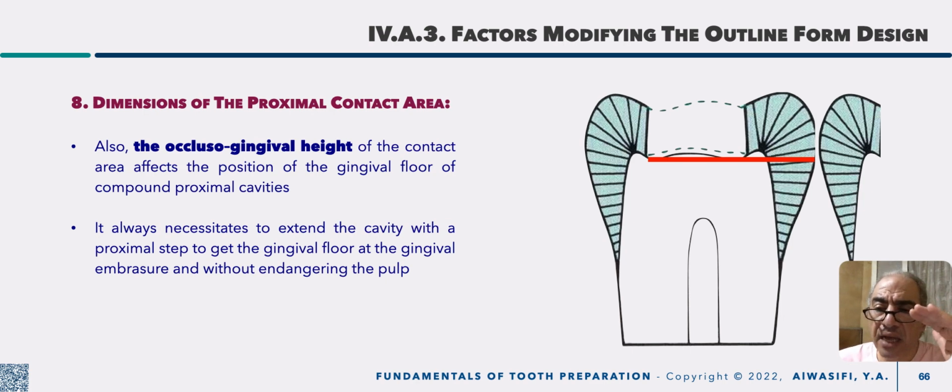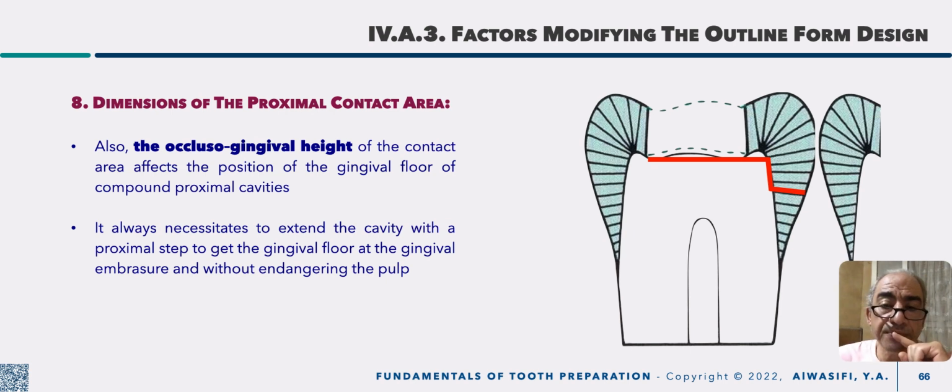If there is still a contact or a caries extension in occlusogingival direction at this area, you have one of two choices. Either you lower all the pulpal floor and irritate the pulp, or you try to escape from the pulp by having a step.